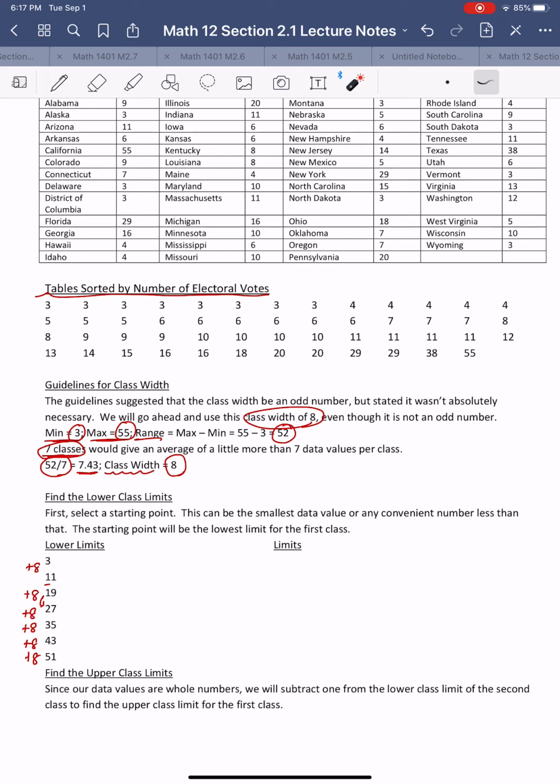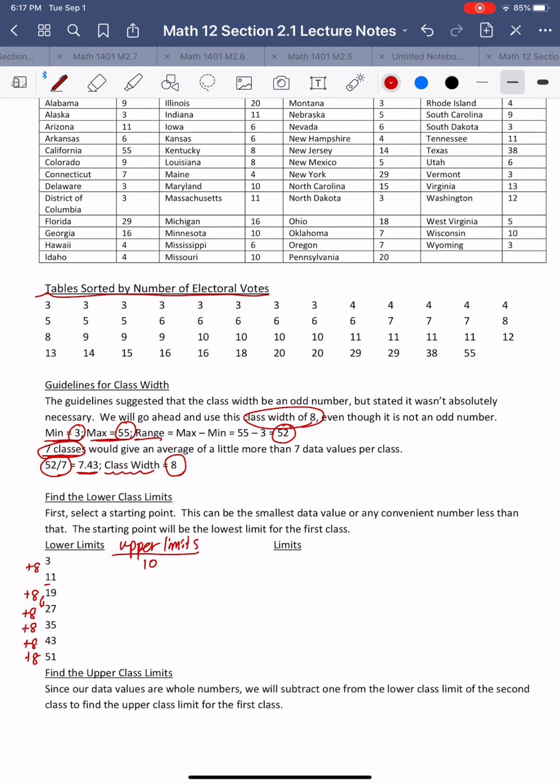And then, in order to get the upper limit, this is what you do. You take a look at the next class's lower limit, 11, and you always subtract 1 from that lower limit, which gives 10.